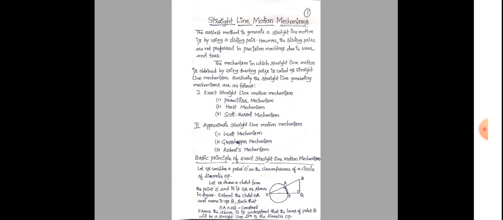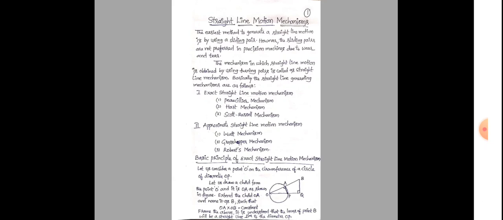I mean, one of the easiest methods to generate a straight line motion which is required for us, for any type of mechanism, is possible simply by using a sliding pair.